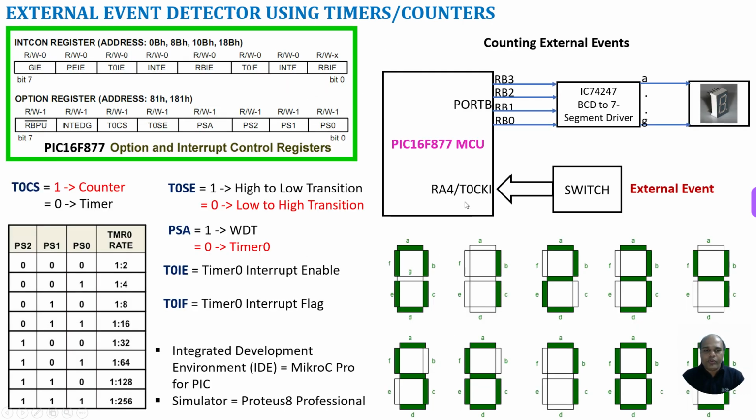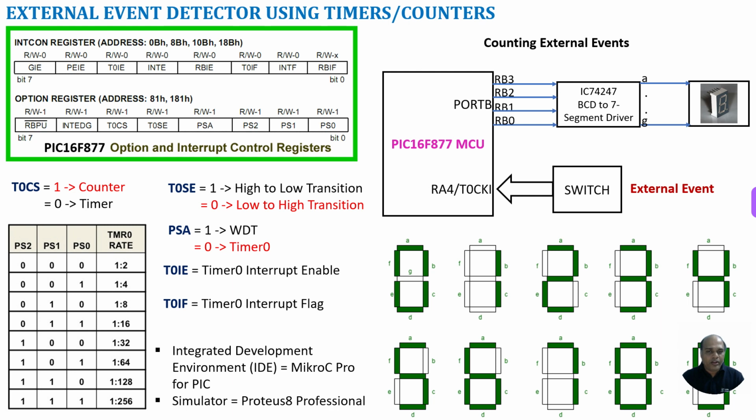In order to do this, we need to know about certain registers like the INTCON register. INTCON is an interrupt control register. Here for timer 0, an interrupt will be generated whenever the timer 0 register overflows.